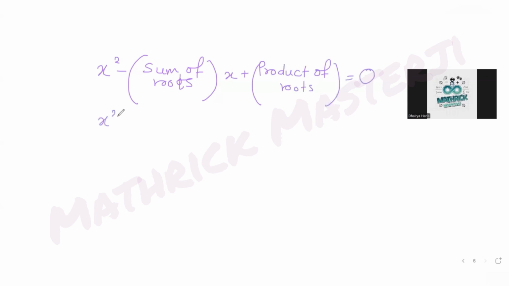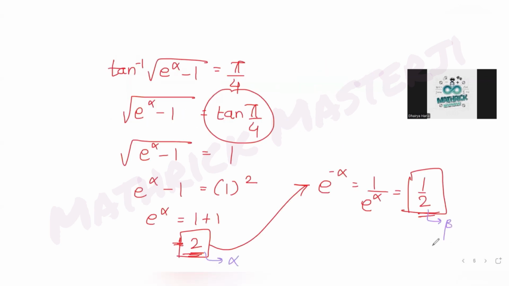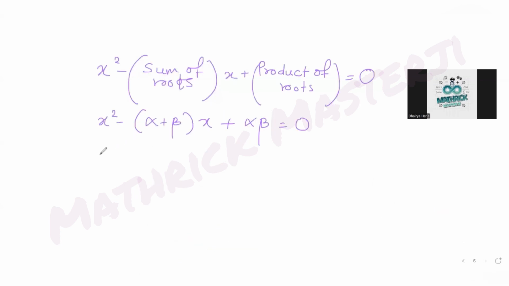So I get that as x square minus (alpha plus beta) x plus alpha into beta equals 0. So if I just put my values of alpha and beta, I get x square minus (2 plus half) x plus 2 into half equals 0.